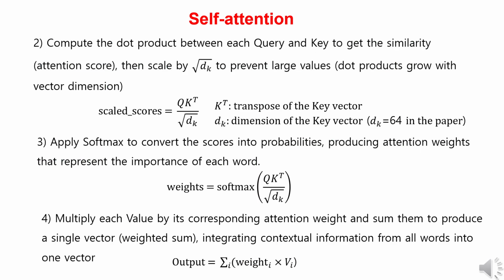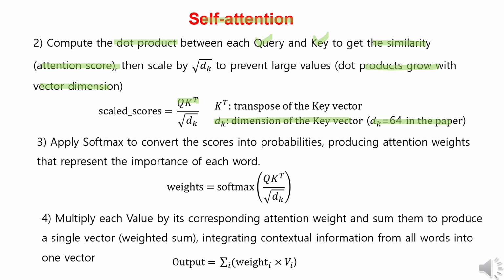Next, let's walk through how self-attention is actually computed. First, we calculate the dot product between the query and key vectors for each word to measure the similarity between words. This is called the attention score. As the dimensionality of the vectors increases, these dot product values can become excessively large, so a scaling step is applied to stabilize their magnitude. Here, dk refers to the dimensionality of the key vectors, which is set to 64 in the original paper.